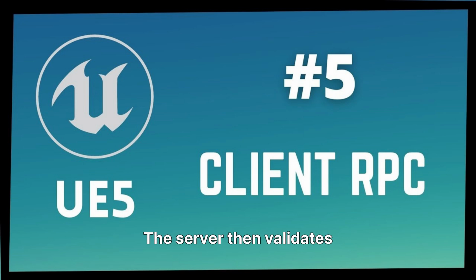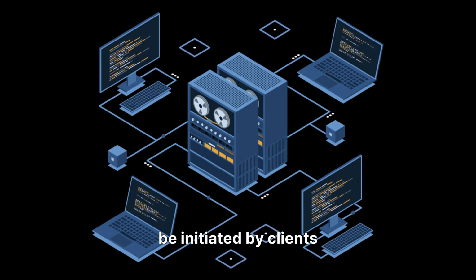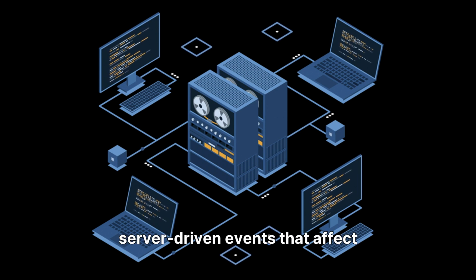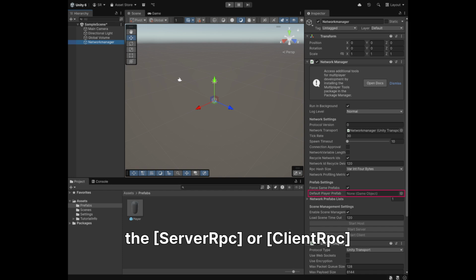The server then validates the request and, if valid, might call a client RPC on all clients to play a shooting animation. RPCs are crucial for actions that need to be initiated by clients but executed authoritatively by the server, or for server-driven events that affect all clients. Always remember to add the server RPC or client RPC attribute above your method declarations.